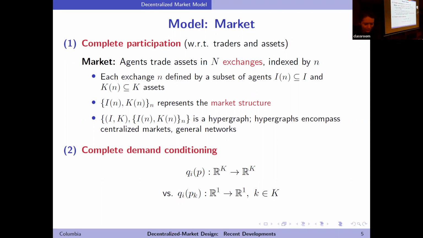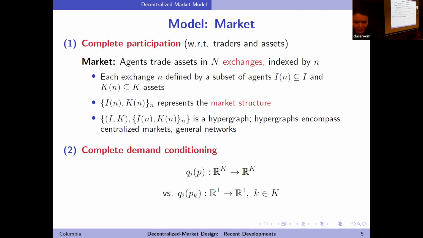So what is the class of market structures we will work with? Let's allow traders to trade assets in many exchanges, each with a separate market clearing price. An exchange is defined by a subset of agents who trade there and a subset of assets traded.